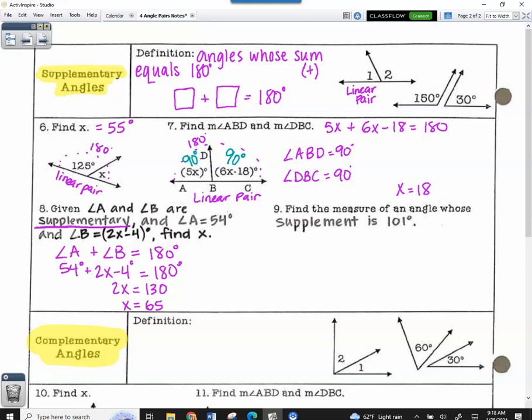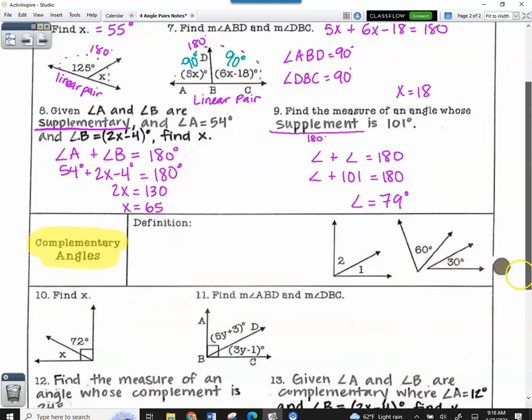What are they telling me one of the angles is? 101. So you can do this two ways. If you know supplementary means that it adds to 180, you could subtract off the 101 and you have your answer. If you need to see an equation, you've got angle plus angle equals 180. One of the angles is 101. And now you can see that the other angle would be 79.